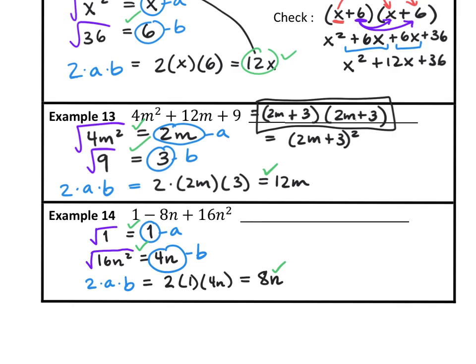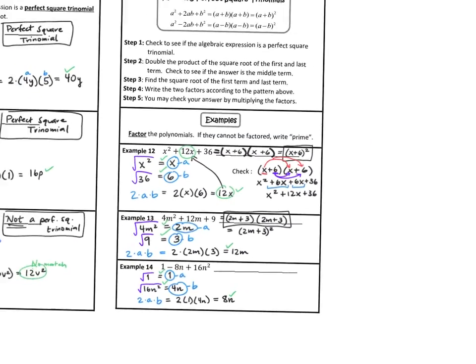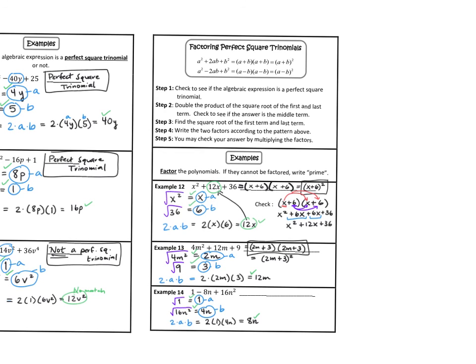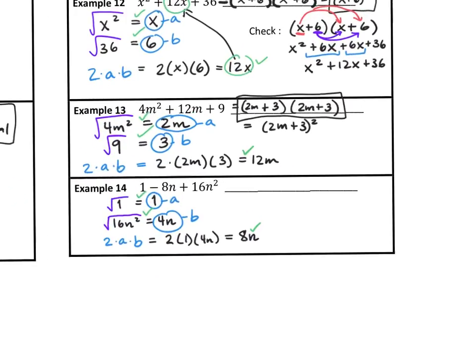And then the last thing I want to check is, if I zoom out again, I want to ask myself, which pattern should I follow? Is it a plus plus situation or a minus plus? And so this one's different. This one is a minus plus. So I'm going to follow the second pattern, which says my answer is a minus b times a minus b, or you can say it's a minus b squared. So I got my a, I got my b. And so I'm just going to write my answer.